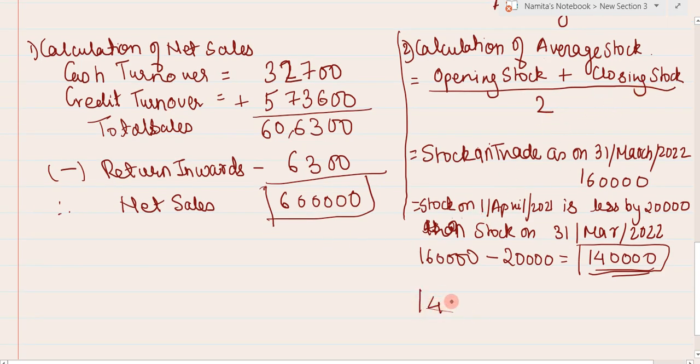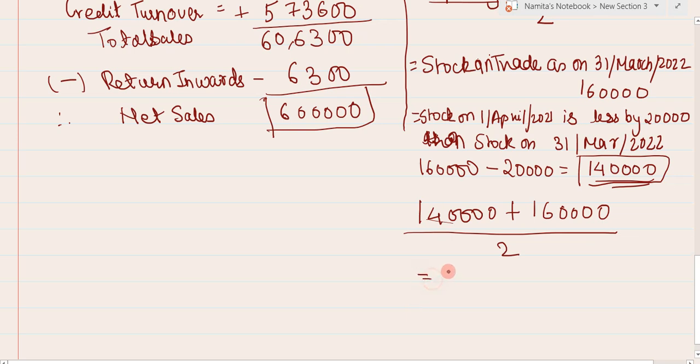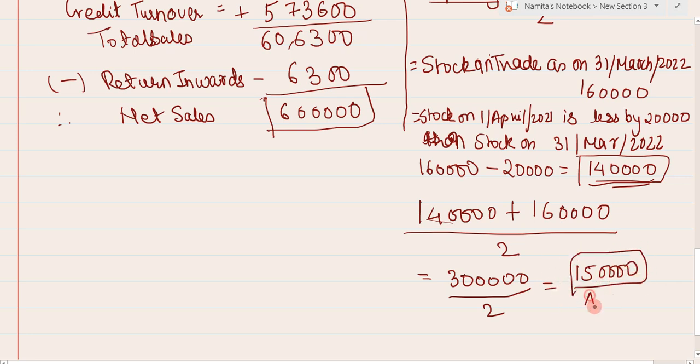So 1,40,000 plus 1,60,000 upon 2. We get 3 lakh upon 2, that is 1,50,000. So 1,50,000 is our average stock.